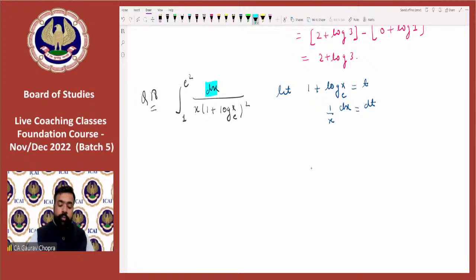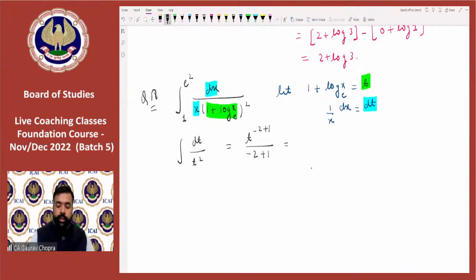So in place of dx upon x, we can write dt, and in place of 1 plus log x, we can write t. So it becomes dt upon t square. Now what is the integration? t to the power of minus 2 plus 1 upon minus 2 plus 1.